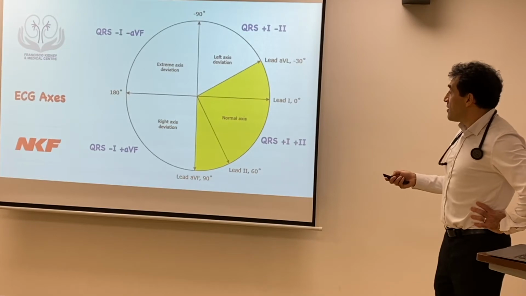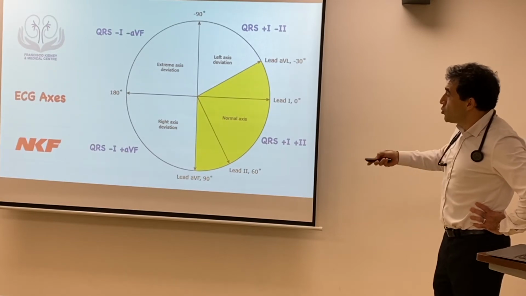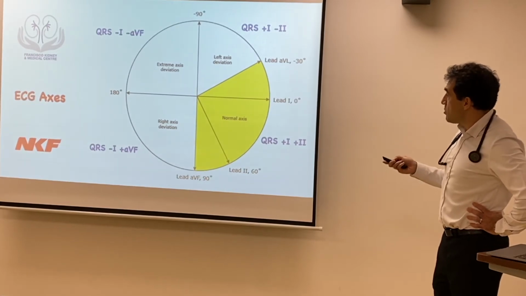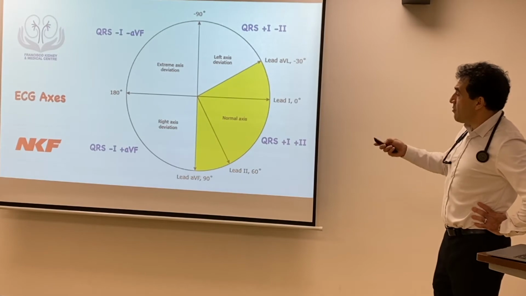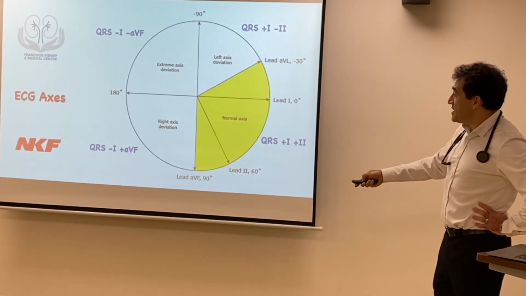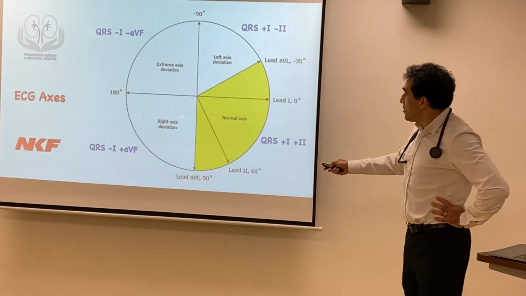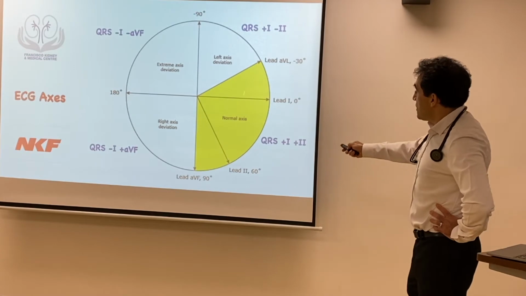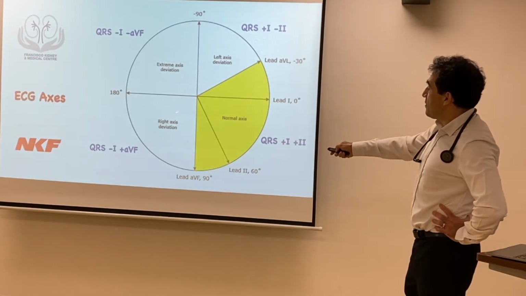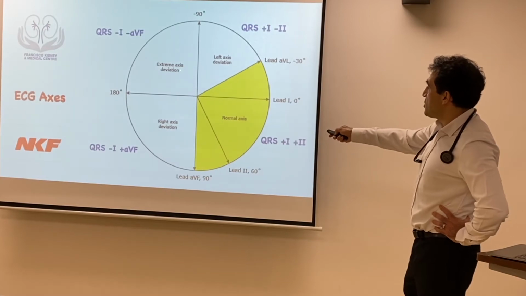Calculation of the axis of the ECG is also important. I'm not going to discuss this so much, but there is a formula, and these are the different axes that the heart can have. There is the normal one, left axis deviation, right axis deviation, and extreme axis deviation.